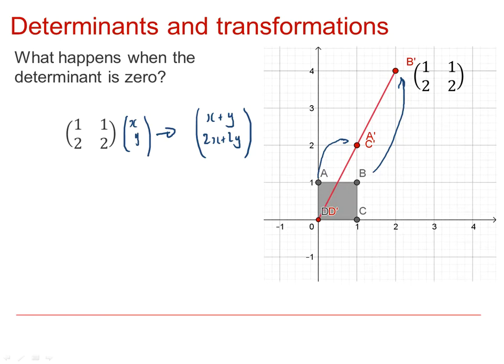So y dashed is equal to 2 multiplied by x dashed, so all points map onto the line y equals 2x, and that's this red line here. So when the determinant is 0, all points map onto a line, giving a 0 area for the image.